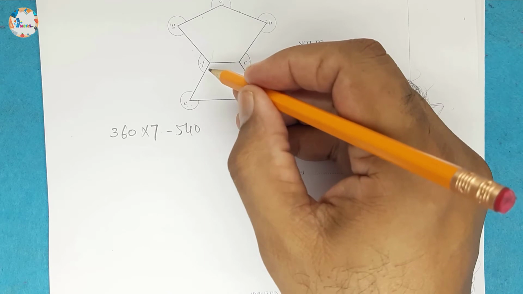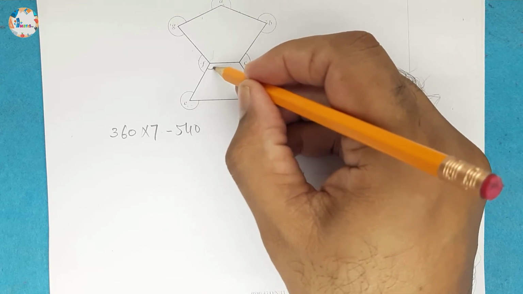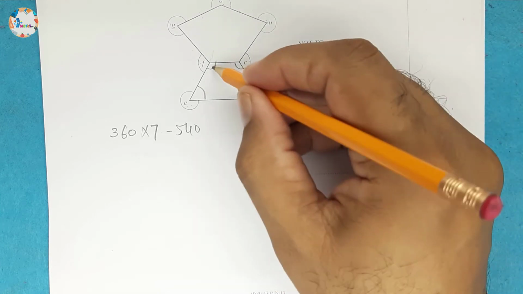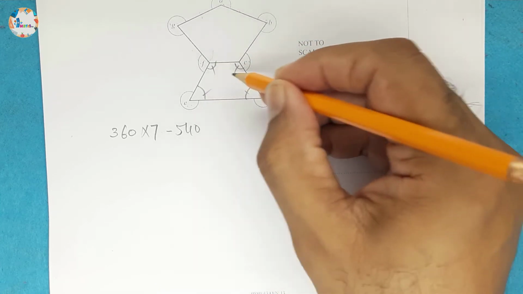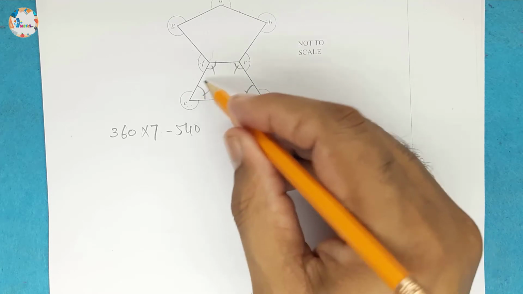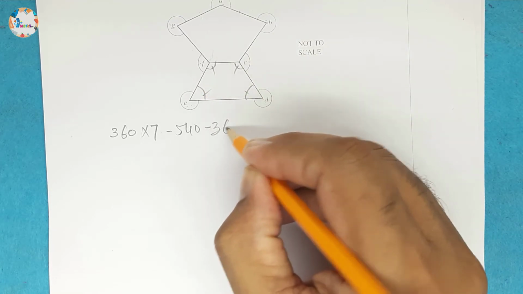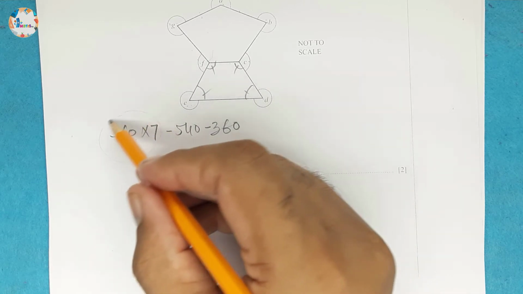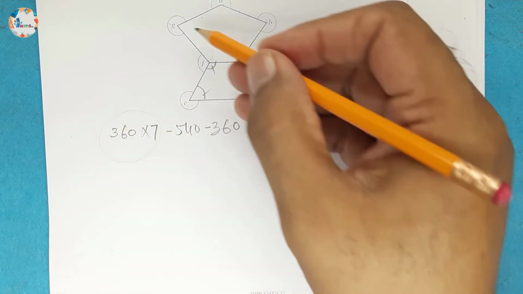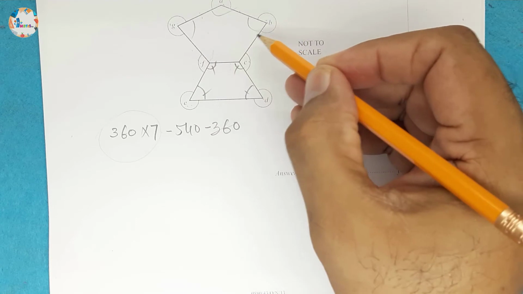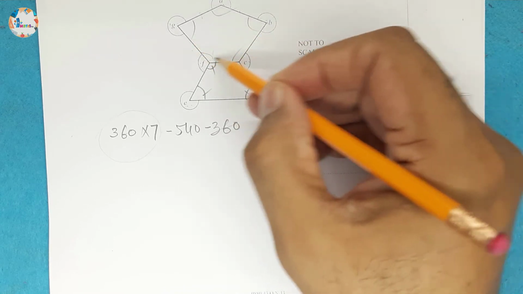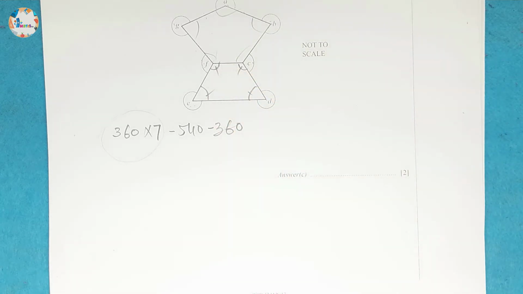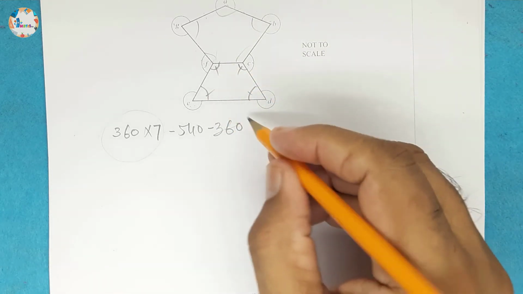Now for the remaining angles, we have to subtract these 4 interior angles, which add up to 360, the interior angles of this quadrilateral. So further we will subtract 360.